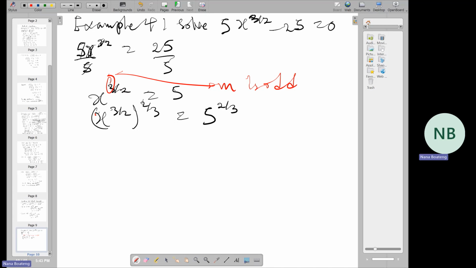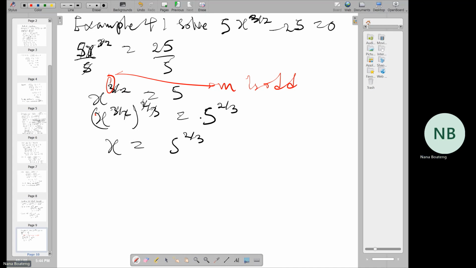If the m was even, then we would have used plus or minus on the right-hand side. But m is odd, so we keep it as 5 power 2 divided by 3. And on the left, the powers multiply to make the power of x 1. So we have x is equal to 5 power 2 divided by 3.